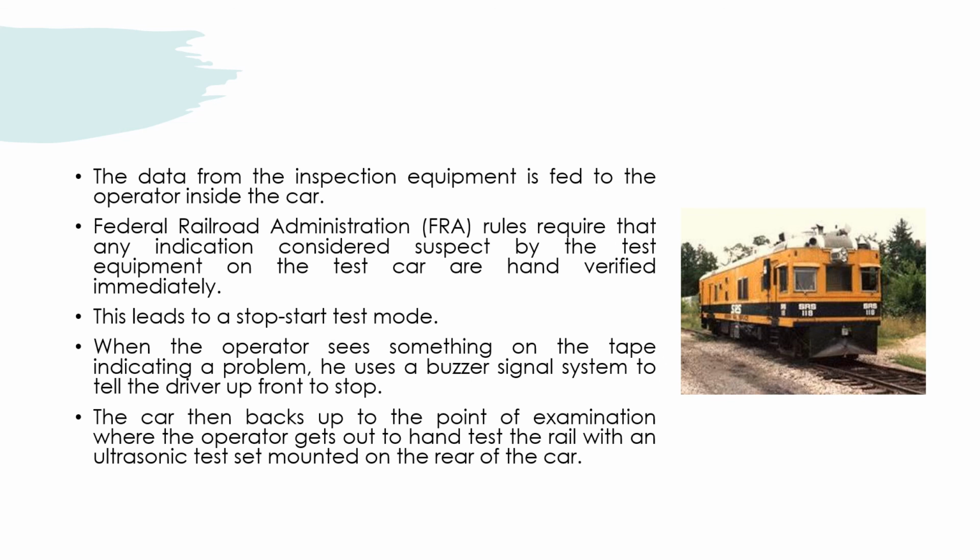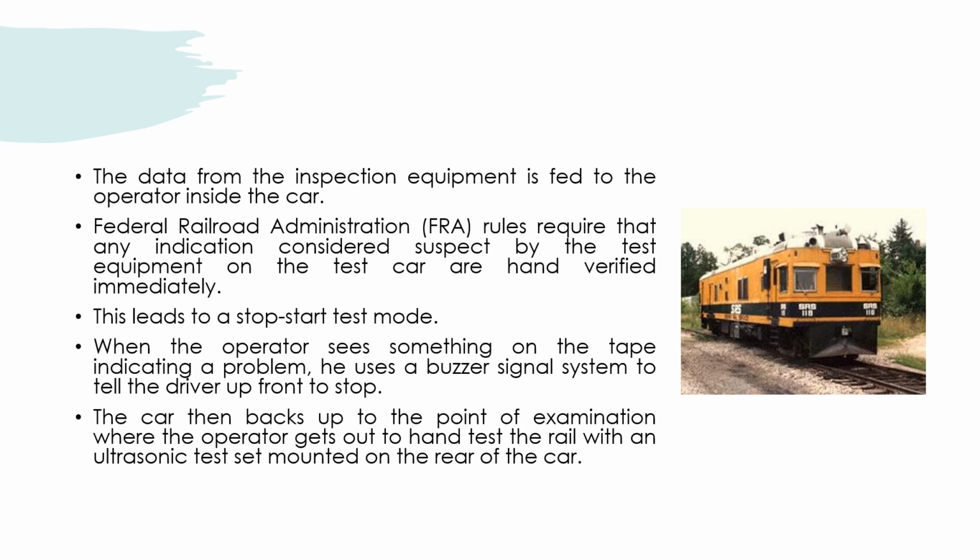After detection, the data from the inspection equipment is fed to the operator inside the car. Federal Railroad Administration, or FRA, rules require that any indication considered suspect by the test equipment on the test car be hand tested immediately, and this leads to a stop-start test mode.